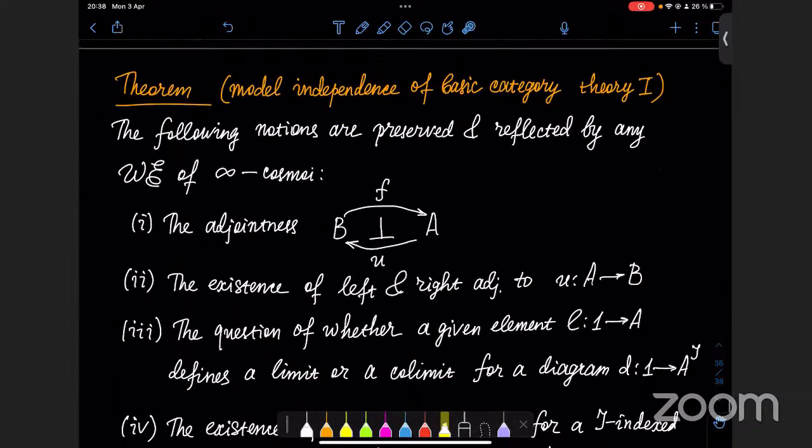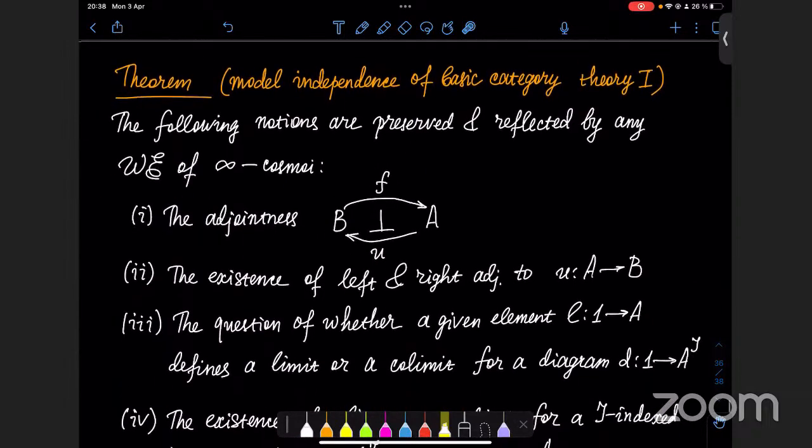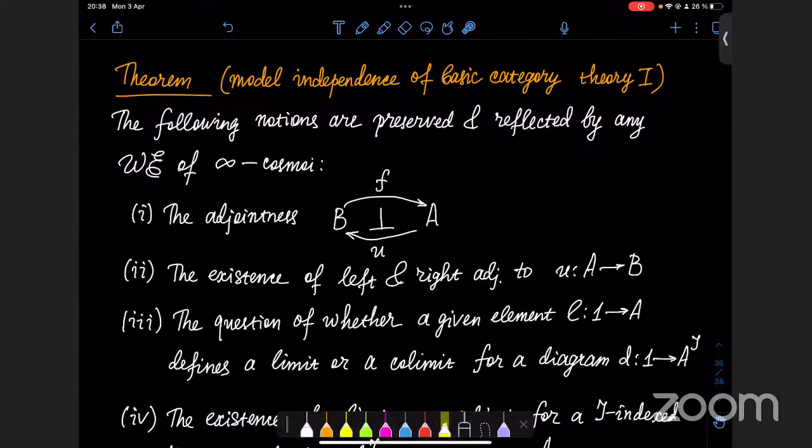The next theorem is about model independence of basic category theory.